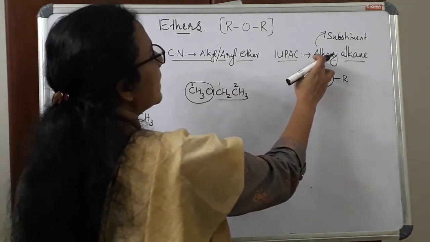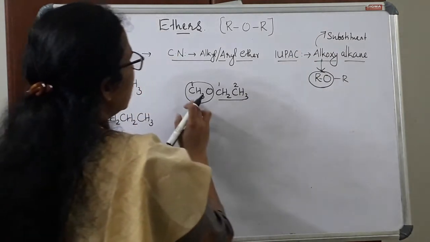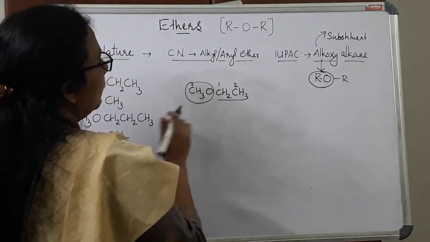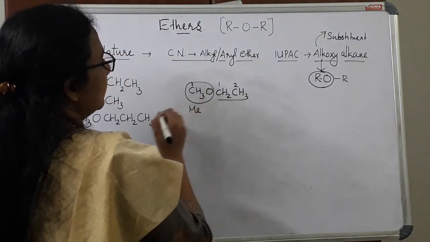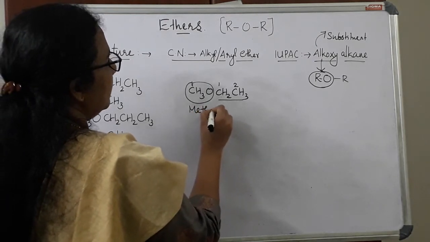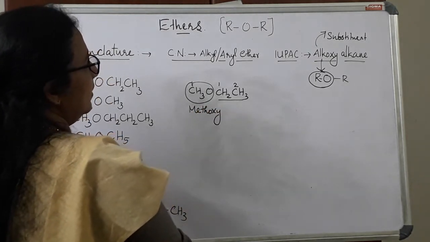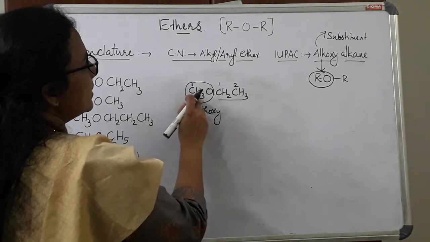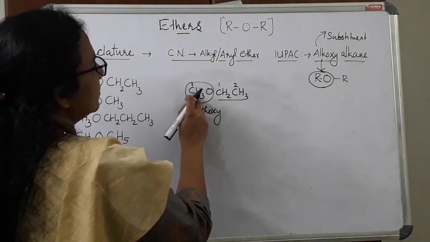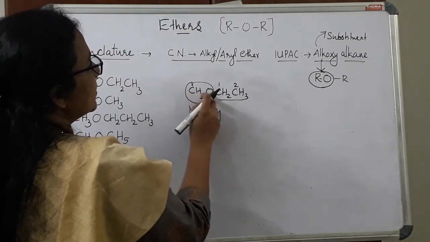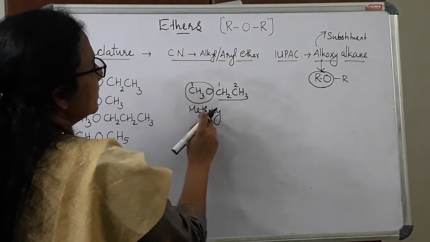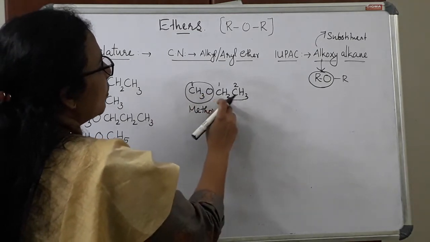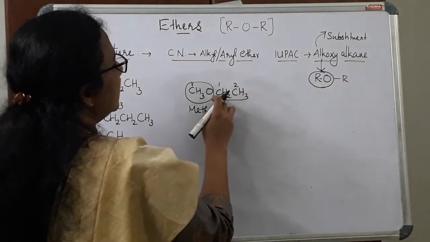Now we can name it as alkoxy alkane. Since it is CH3O, we can write it as methoxy. We know that CH3 is a methyl group, and CH3O is written as methoxy. Then the alkane, which means this part.